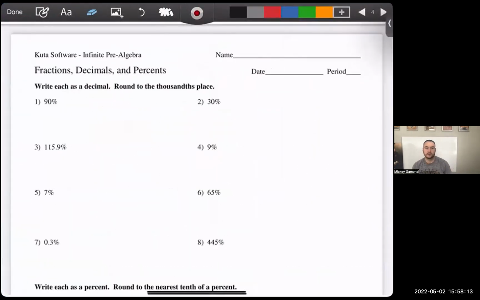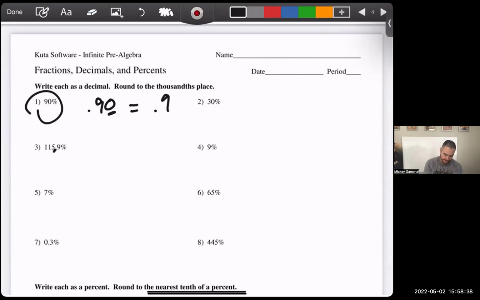So section 1, write each as a decimal. Remember, just convert it from percent to cents. So if we do this one, 90%, that's going to be 0.9. We would write it possibly as 0.90, but the 0 doesn't really compute to anything, right? It's not adding or raising or lowering that 9/10. So that's why we just call it 0.9. 115.9%.